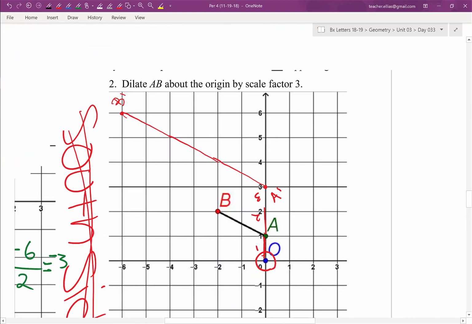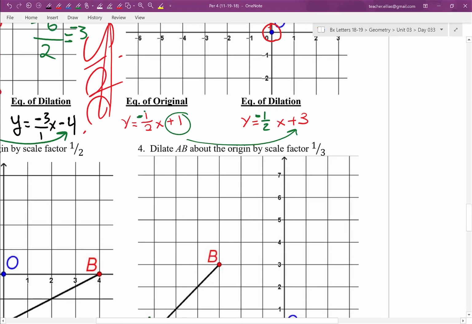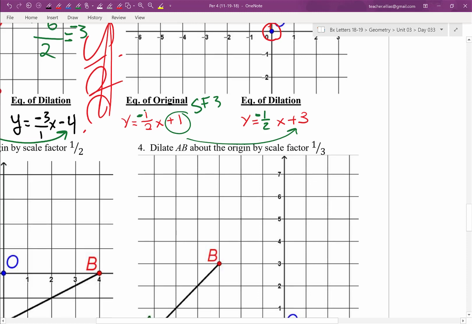Our scale factor was 3. So we're just going to take our original slope, keep it, and then do what to that y-intercept? Multiply by the scale factor. Okay? Yes.